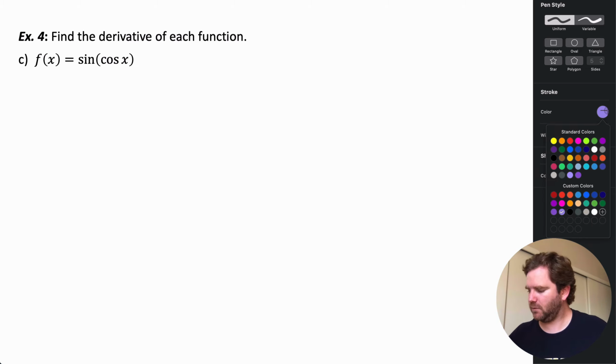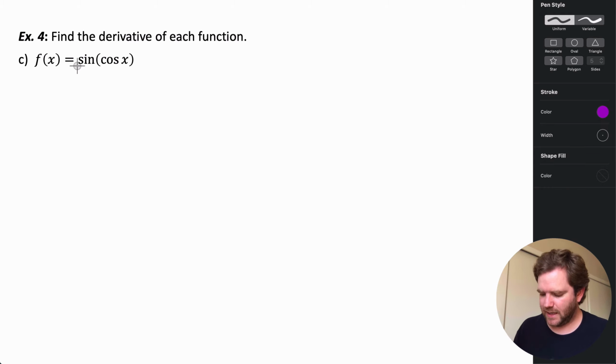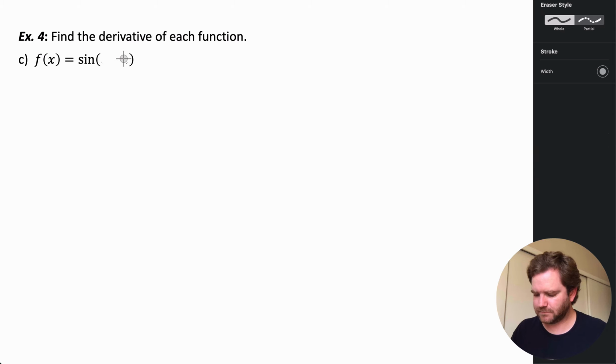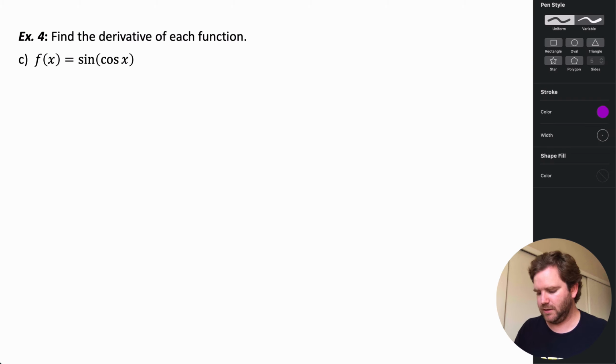Okay. What about something like this? Now, this is not a product rule problem because notice that the sine does not have an x, right? The cosine is inside our sine function. So it's the sine of the cosine of x. So this is my inside function. So you're taking the derivative of the outside function, leaving the inside alone. So what's the derivative of the sine? Well, the derivative of the sine is the cosine function, leaving the inside alone.